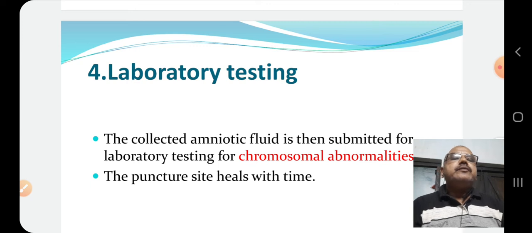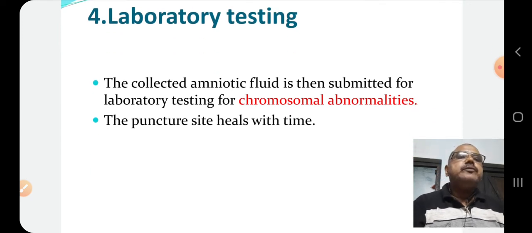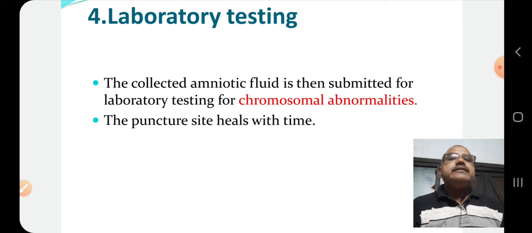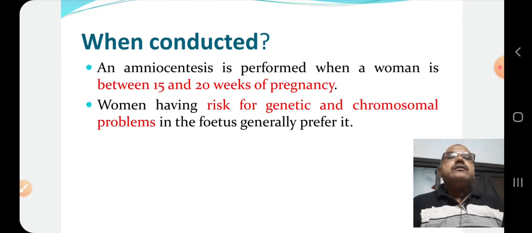After that, laboratory testing is conducted. The collected amniotic fluid is then submitted for laboratory testing for chromosomal abnormalities. Later, the puncture site heals with time. Amniocentesis is performed when a woman is between 15 and 20 weeks of pregnancy.